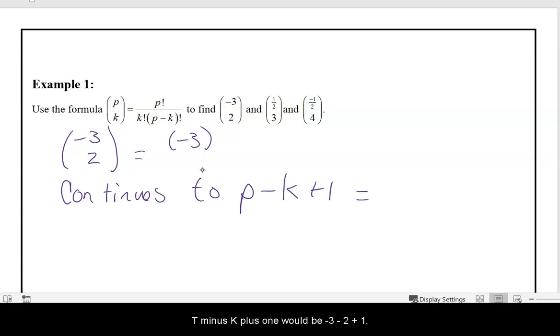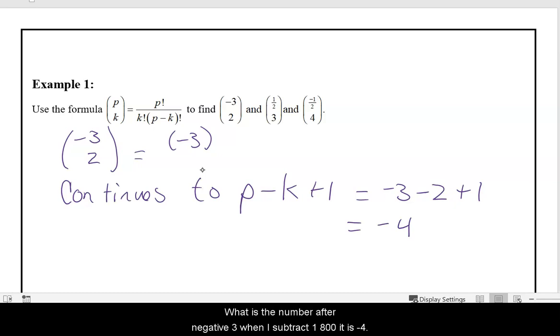P minus k plus 1 would be -3 minus 2 plus 1, which would turn out to be -4. What is the number after -3 when I subtract 1? Bingo, it is -4. I take that value and I divide it by k factorial.